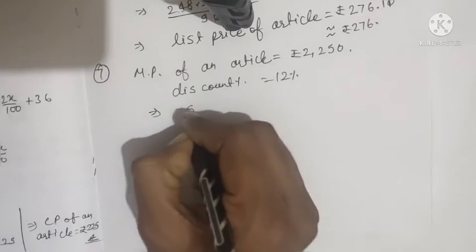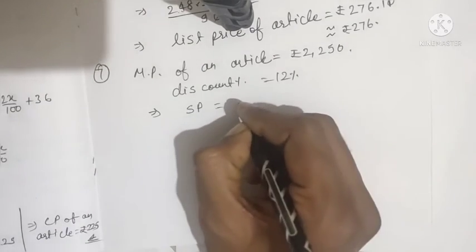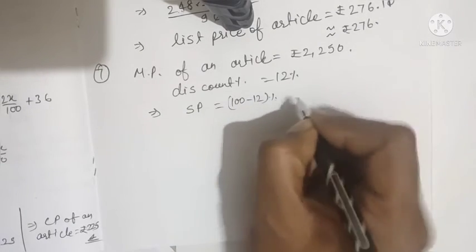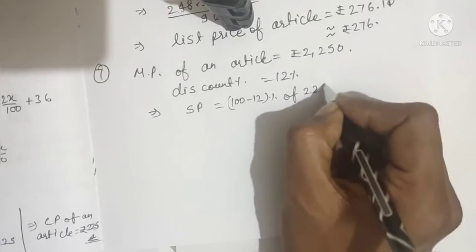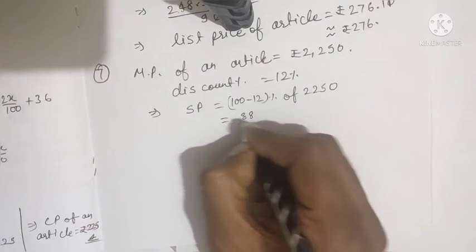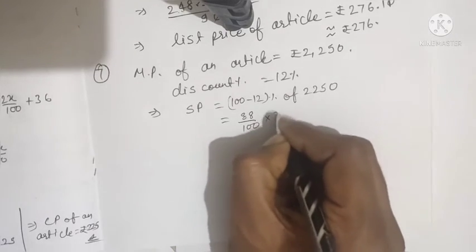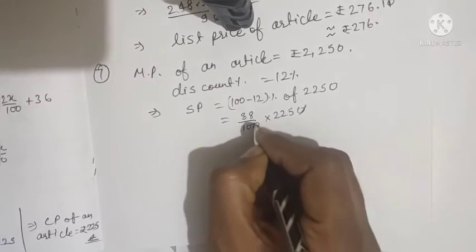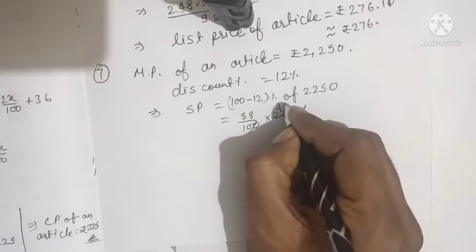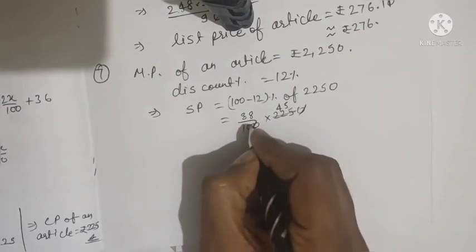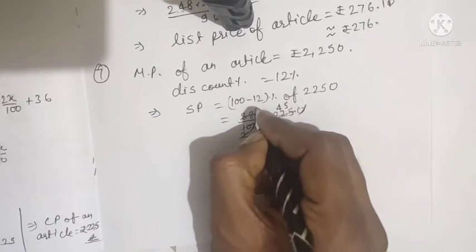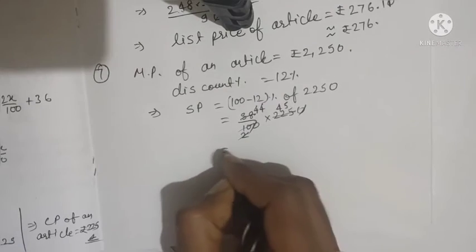That implies selling price will be equal to 100 minus 12% of 2250, which is 88 by 100 into 2250. 0 to 0 cancel, cut it by 5.